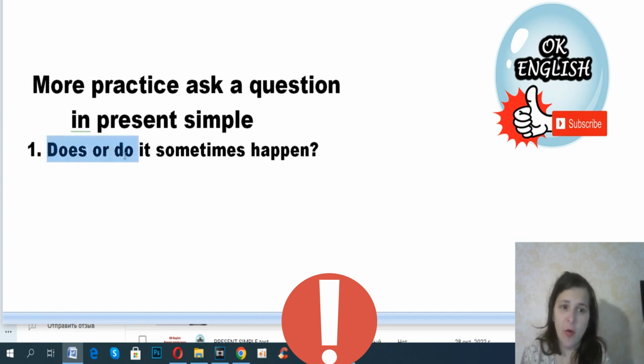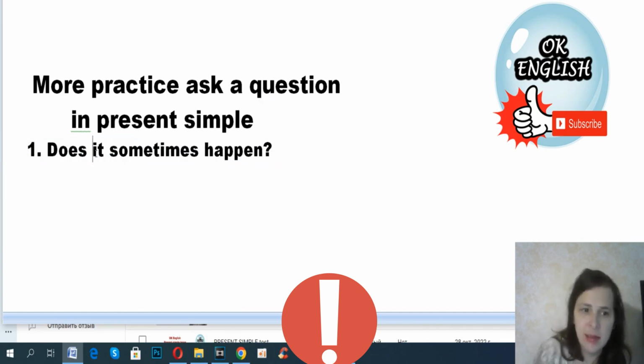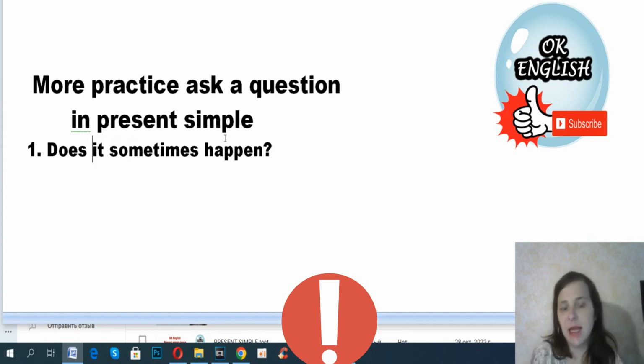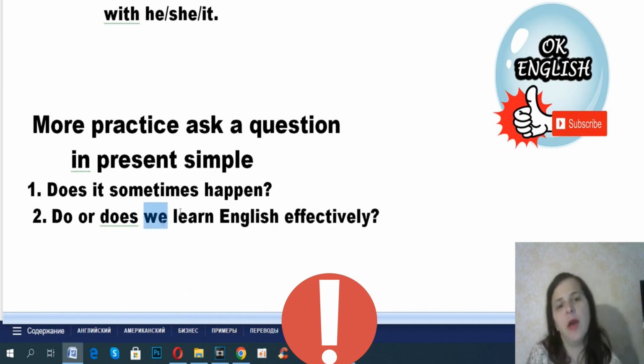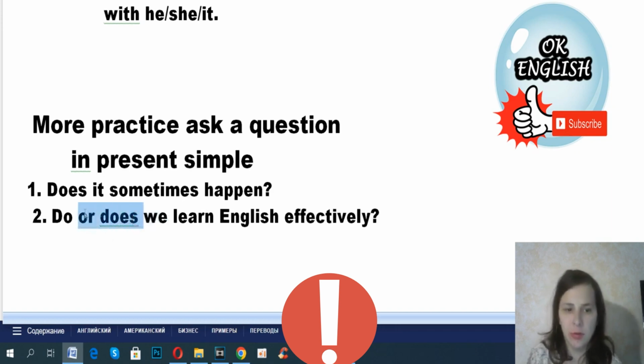More practice, ask a question in present simple tense. Does or do it sometimes happen? If you have it, we use does. Does it sometimes happen? Do or does we learn English effectively? If you have we, use do.